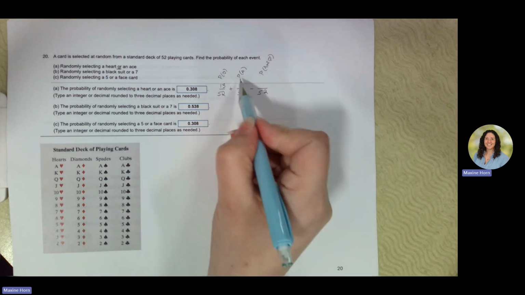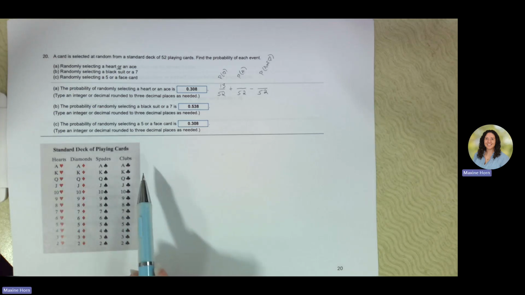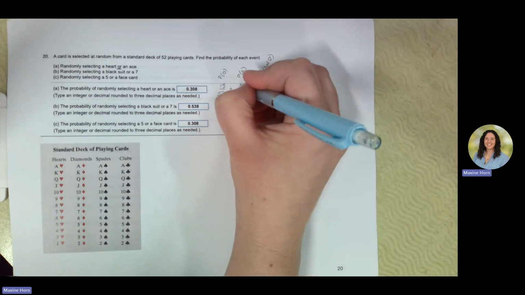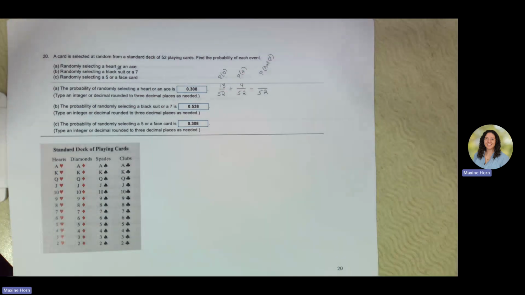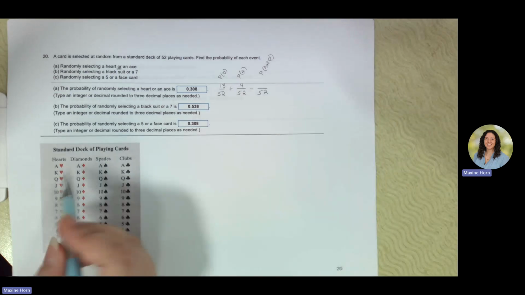The probability that it is an ace. I have 4 aces, one of each suit. So there's 4 out of 52. But how many ace of hearts are there? There's just the one.